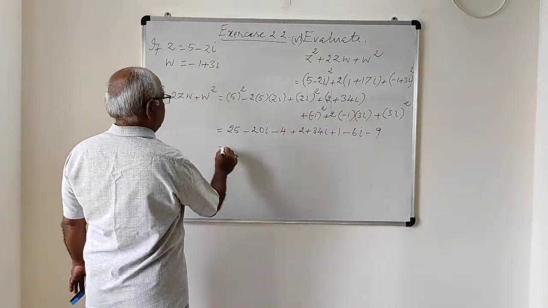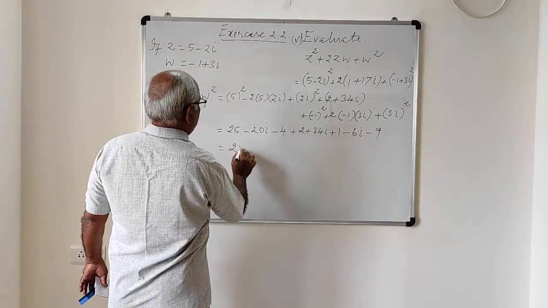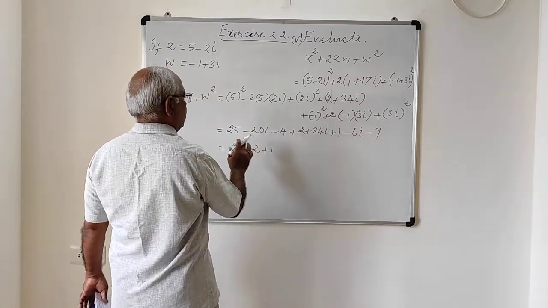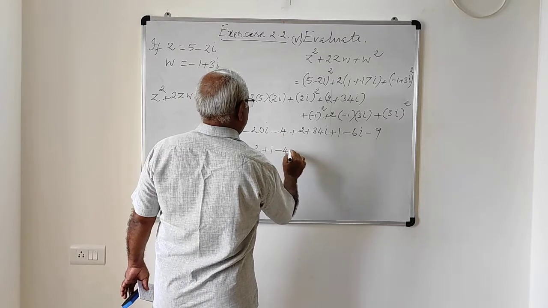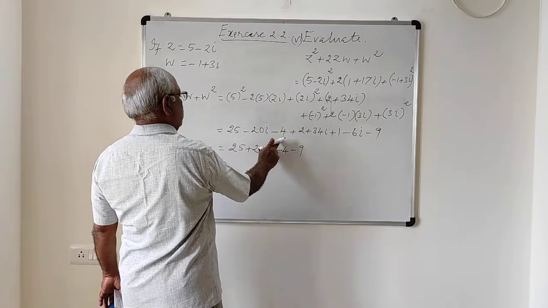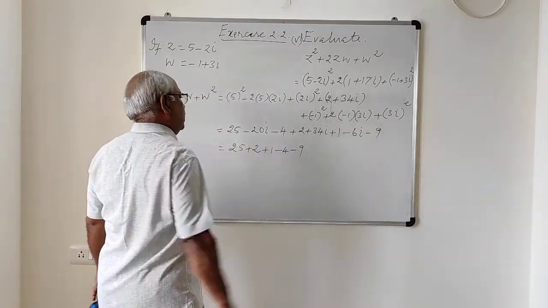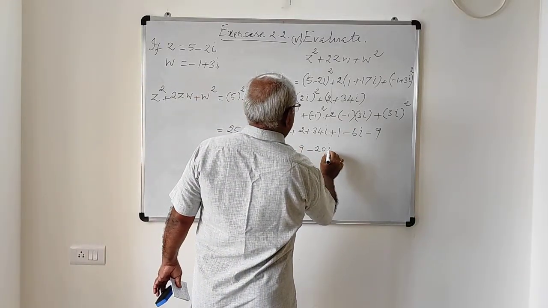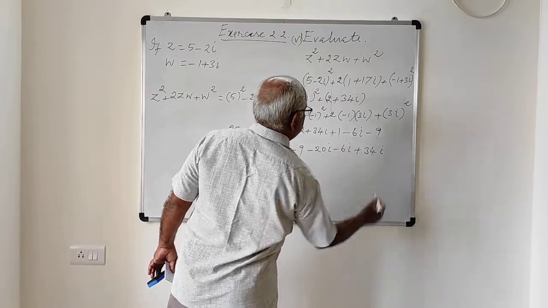So this is 25 plus 2 plus 1. I calculate the real parts: 25 plus 2 plus 1 minus 4 minus 9. All the real parts. Imaginary parts are minus 20i minus 6i plus 34i.